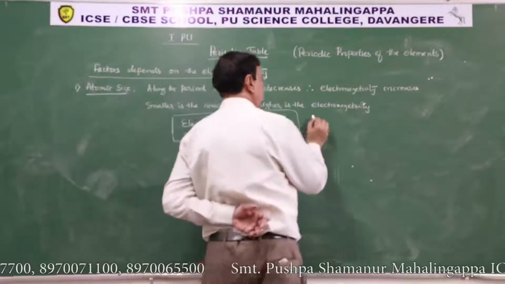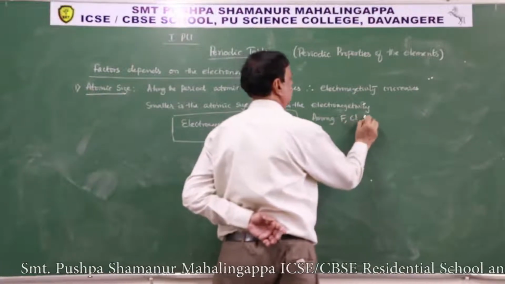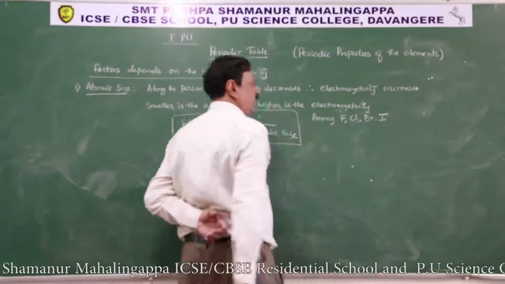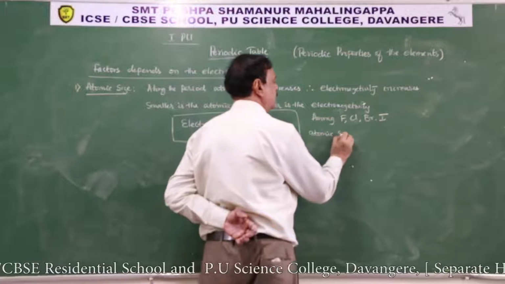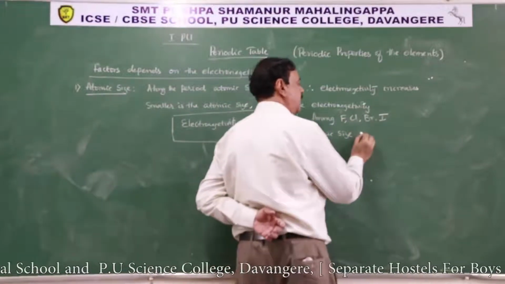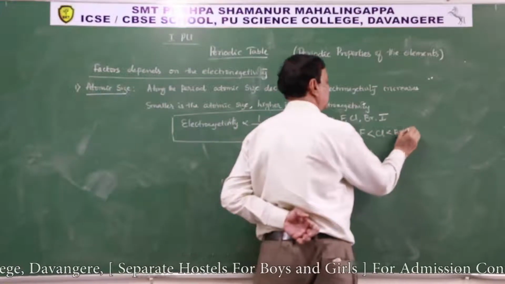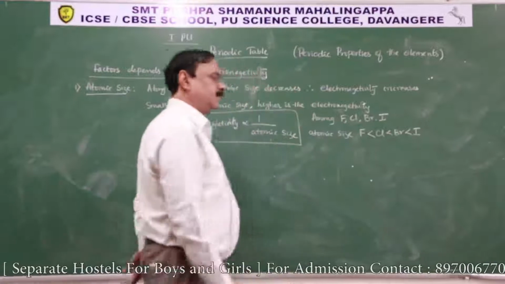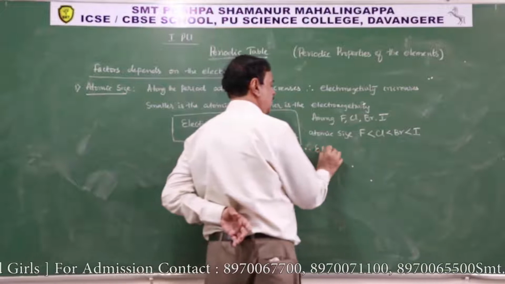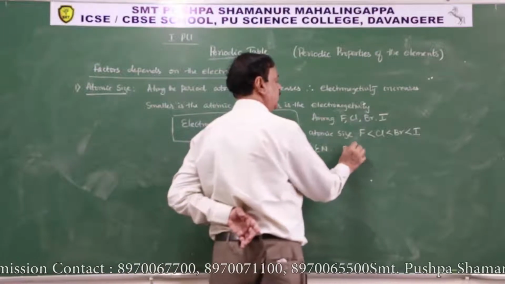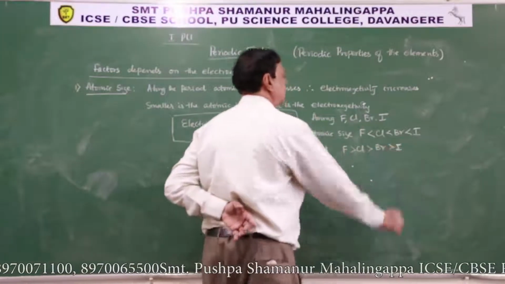That is why, among fluorine, chlorine, bromine and iodine, atomic size of fluorine is smaller than chlorine, smaller than bromine, smaller than iodine. Therefore, electronegativity of fluorine is greater than chlorine, greater than bromine, greater than iodine.